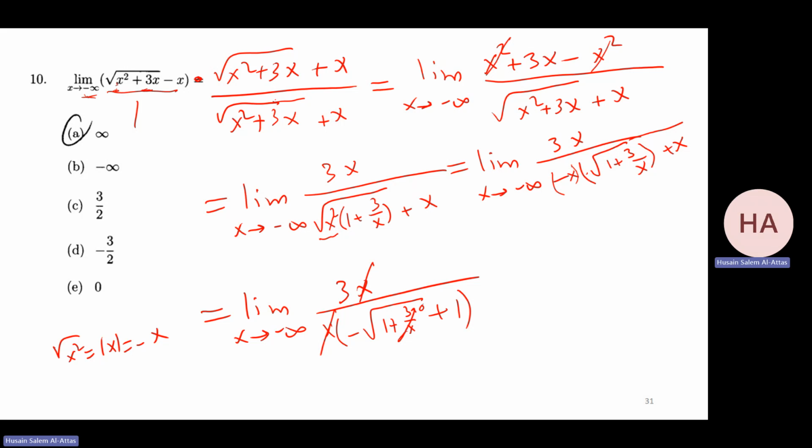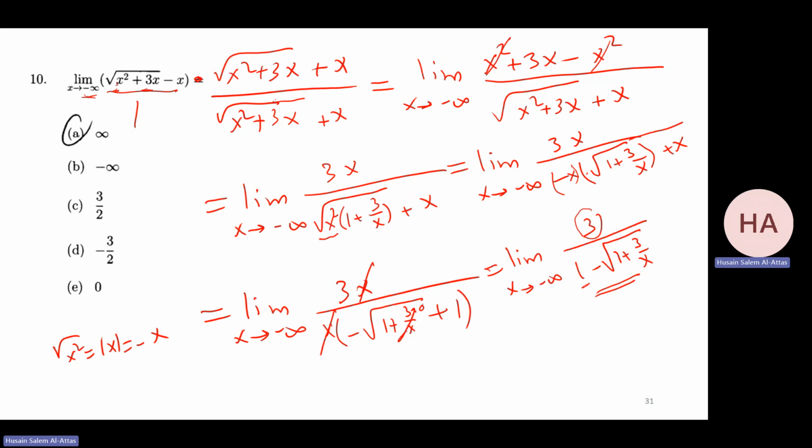Yeah, it's not easy to decide, but let me write it. Limit x goes to minus infinity, 3 over 1 minus square root 1 plus 3 over x. I wrote it the other way. Okay, now this is non-zero, this is 0.